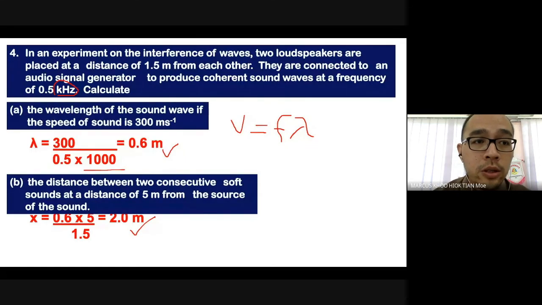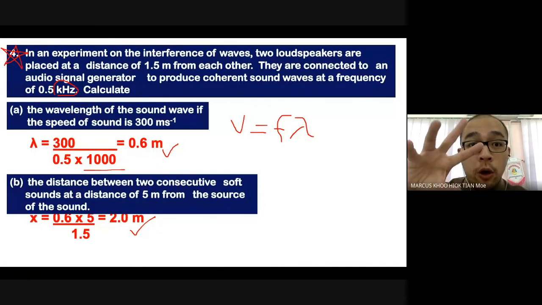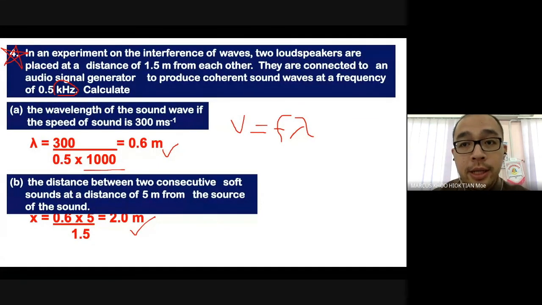Okay, I want you to star this question, because this is one of those questions that is very commonly asked in paper 2. They will combine both formulas: the formula that we learned in the first subtopic and the interference formula that we learned in this subtopic.